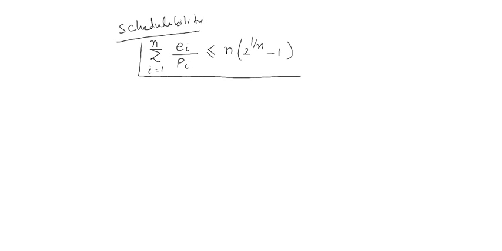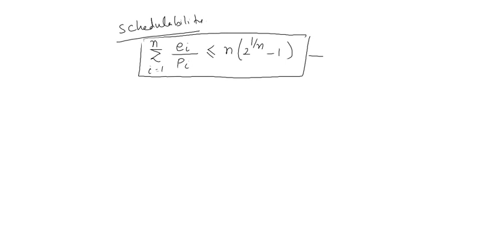This is the condition for schedulability. What this condition says is that if, for the given periods and execution times, this condition is satisfied, then certainly you can schedule these tasks.